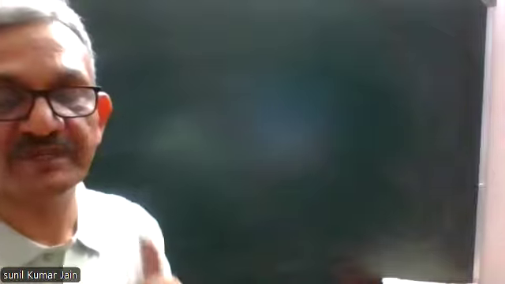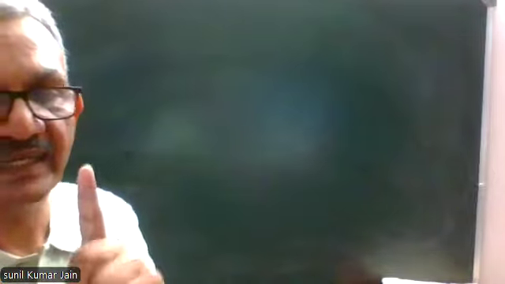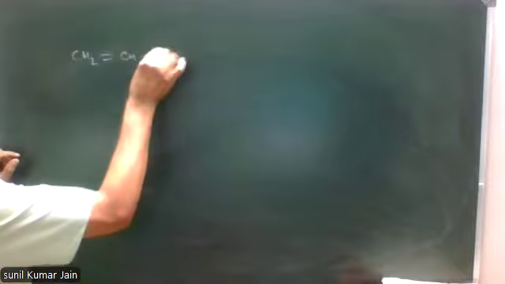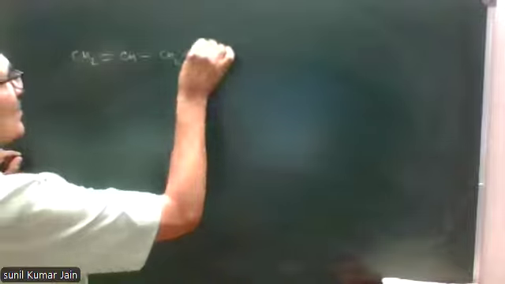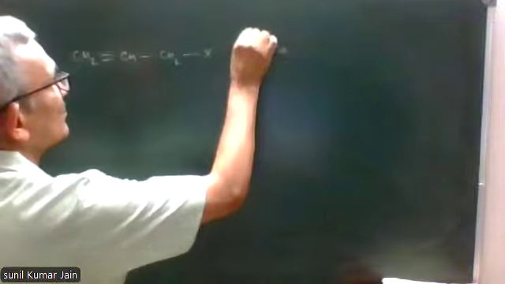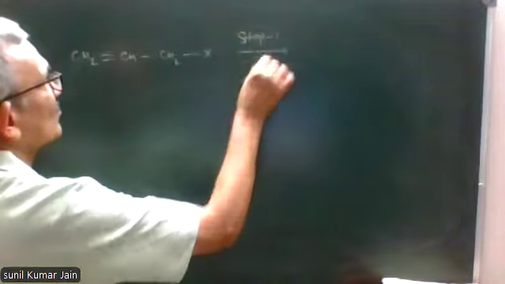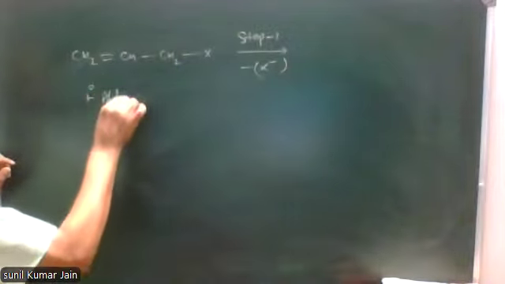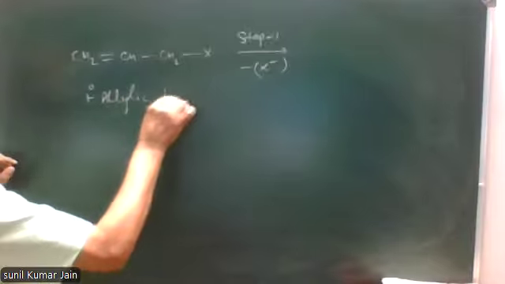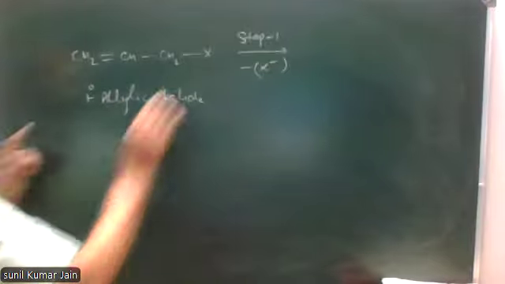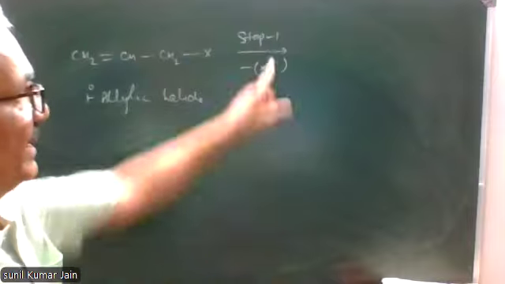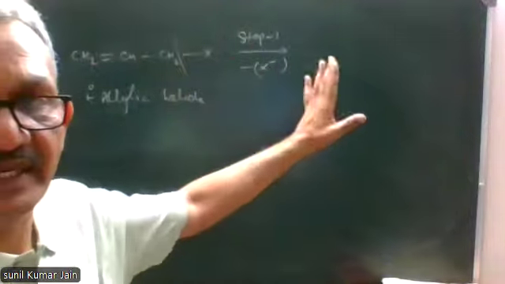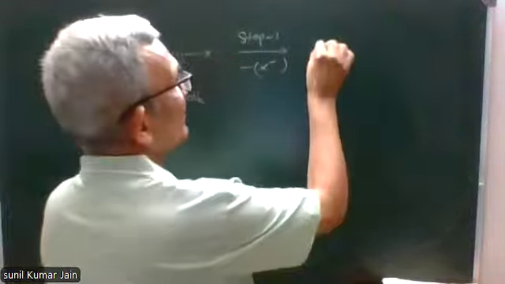I'm taking the first exception, primary allylic halide. Primary allylic halide. In step 1, this bond breaks, and the halogen leaves as a halide ion. This will lead to the formation of a carbonium ion.